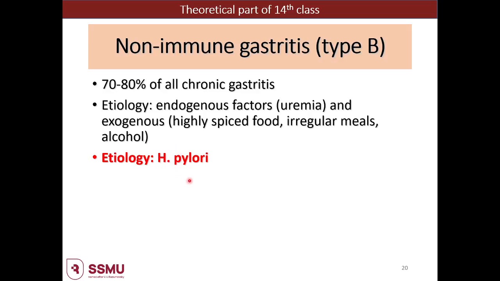Helicobacter pylori is one of the most important reasons for development of chronic gastritis type B. The second name of this gastritis is Helicobacter pylori associated gastritis.